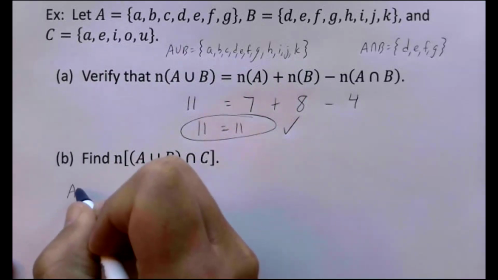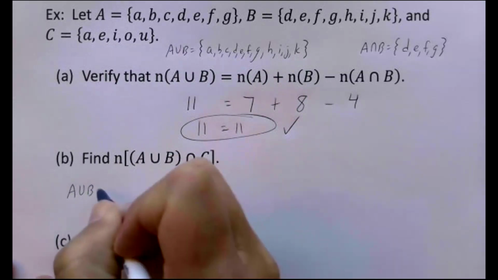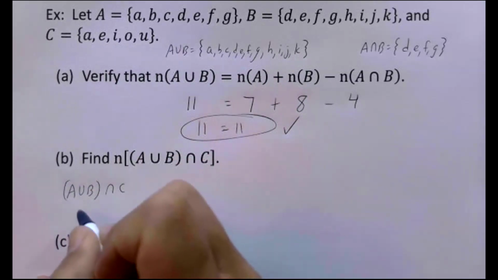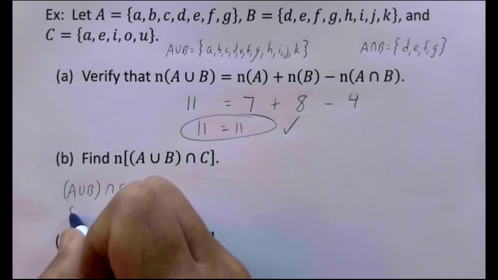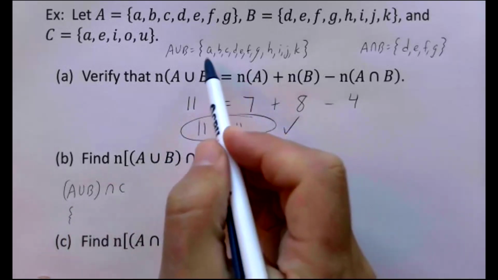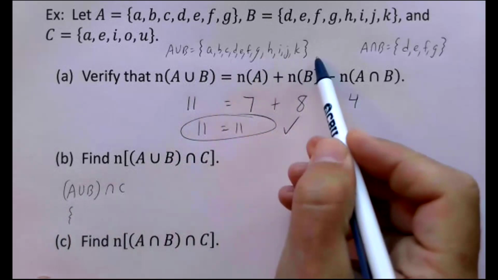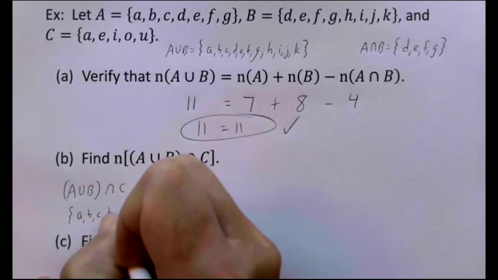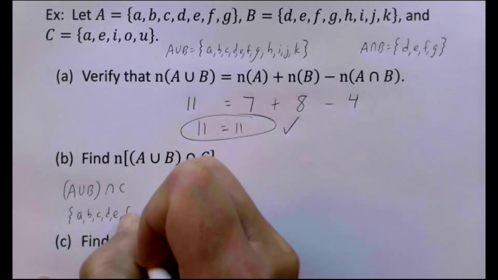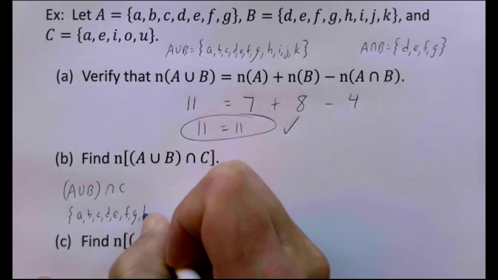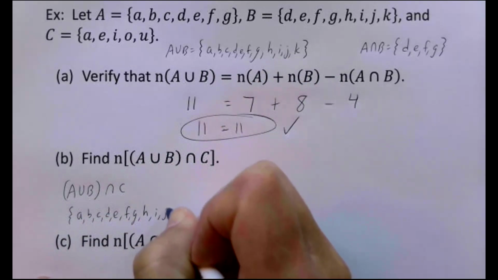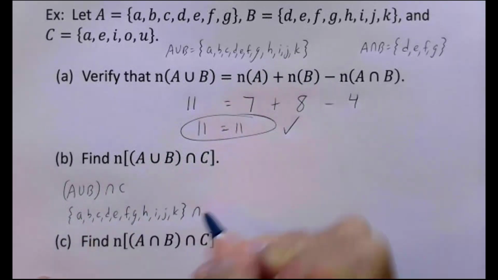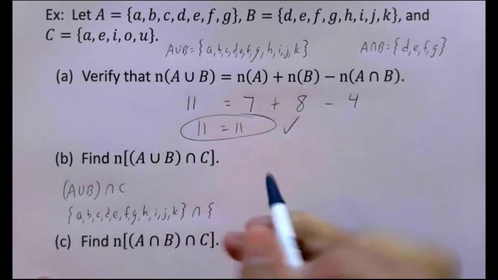Let me actually show you what we're talking about. A union B intersected with C would look like this. A union B, we just did that, right? It's right here. Let me write that down. And we're trying to intersect that with set C. What does set C look like?